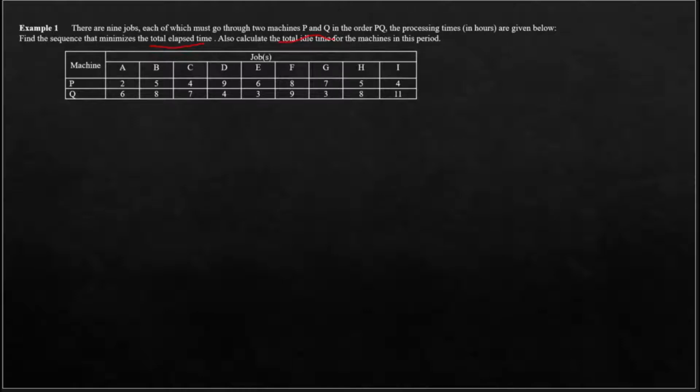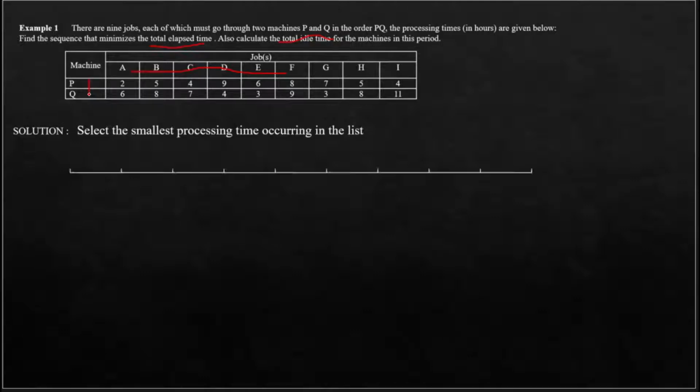The first step is to identify the least processing time job, the smallest processing time, in the two machines. Here we have 9 jobs, and the machines are the P machine and the Q machine, so I am taking 9 columns.